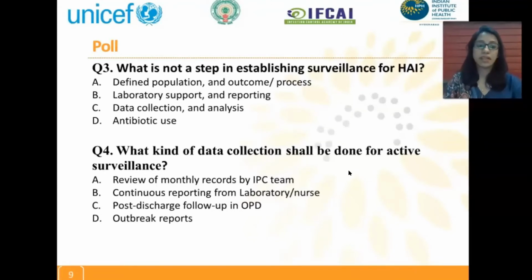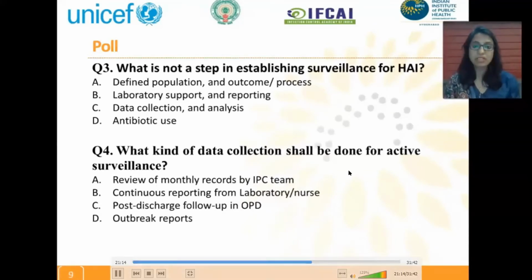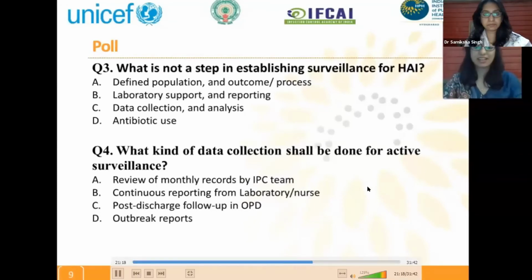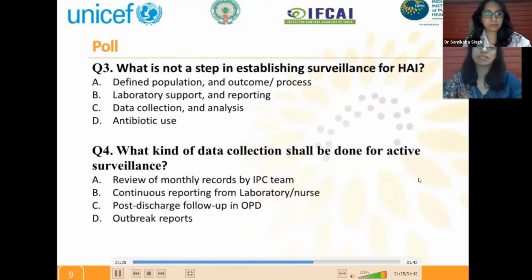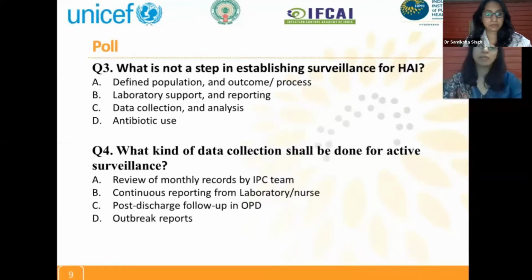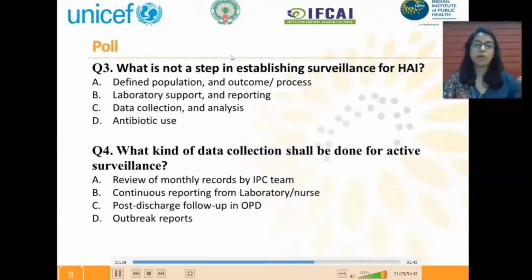Okay, let me give you answers. So if you see question number 3, what is not a step in establishing surveillance for HAI? In that, the first 3 are definitely steps, whereas antibiotic use is not a step in establishing surveillance. It might be a step where you inform the clinical practitioners about how the bacteria are, what is the resistance status, or rational antibiotic use.